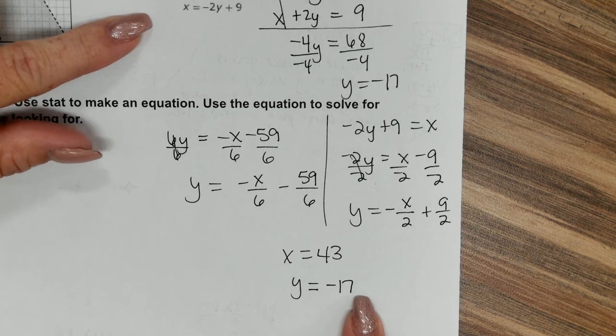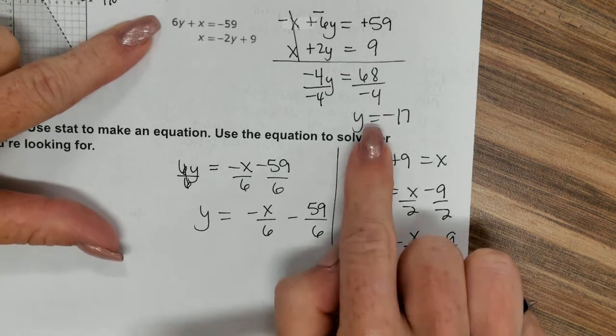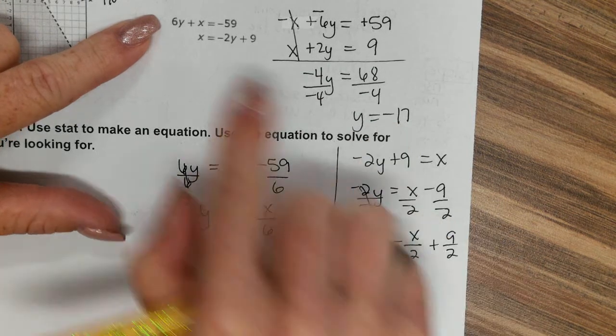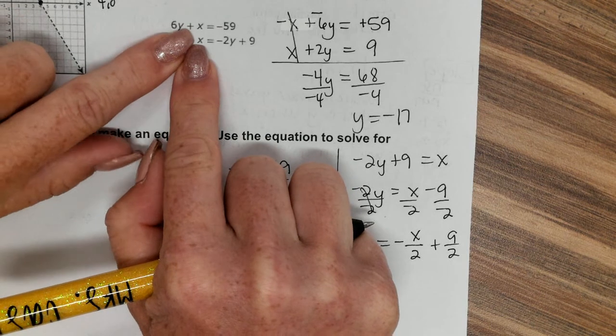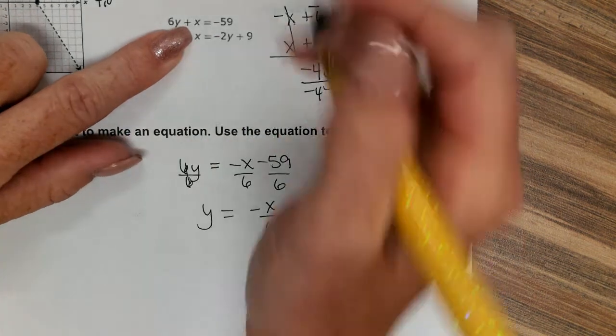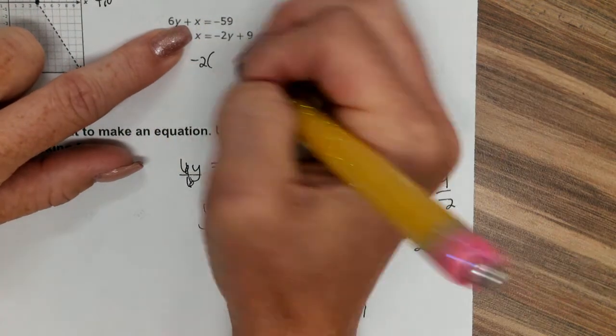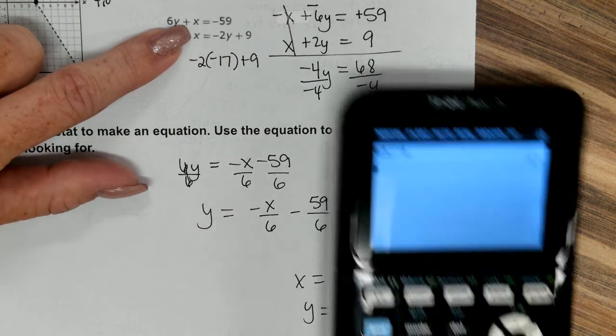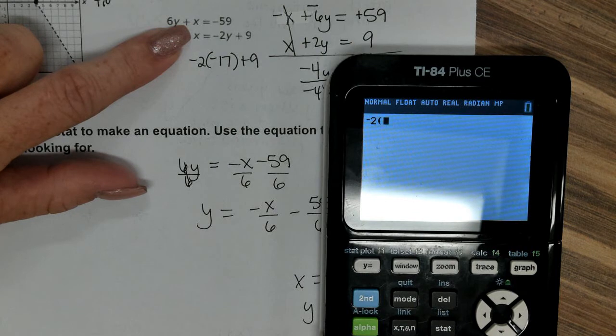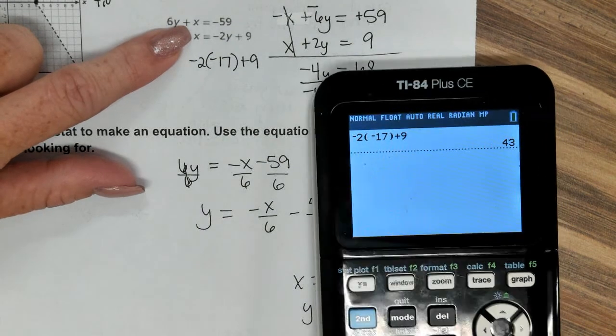And if I want the x value, then I plug this back in to one of those equations. I would choose this one because it's already telling me x equals. So x equals negative 2 times whatever you got for y plus 9. Negative 2 times negative 17 plus 9 is 43.